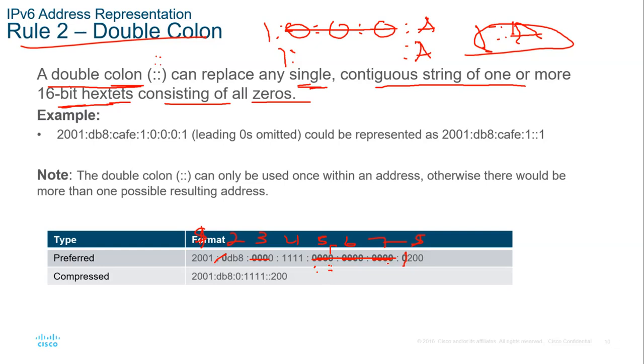So now the double colon is going to come in between here. So we have our 2001, then DB8, then we have a 0, which is this. Then we have 1s here. Then here we are extracting all these, and then we remain with the double colon with 2, 0.